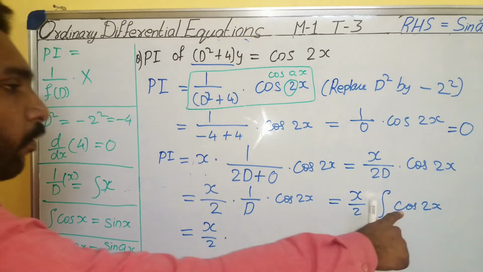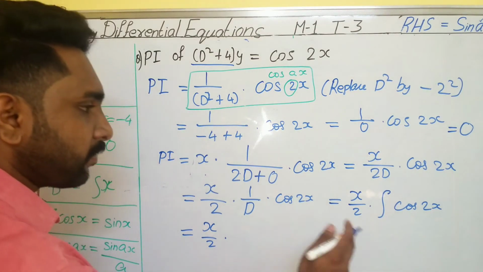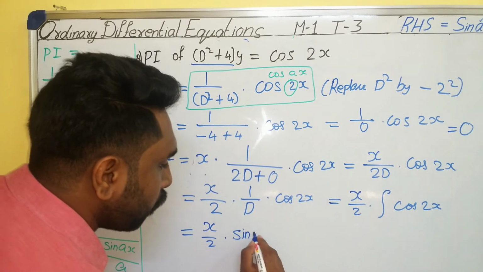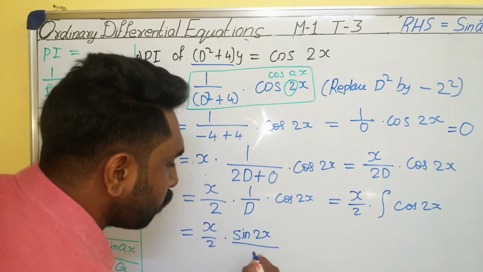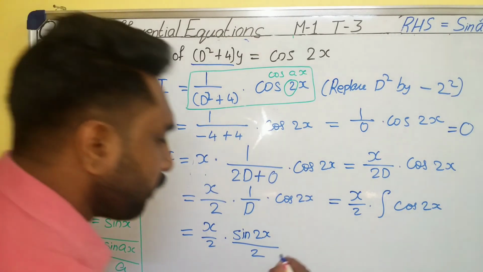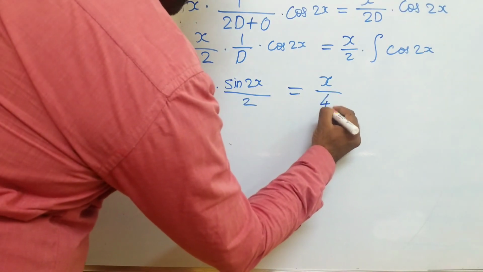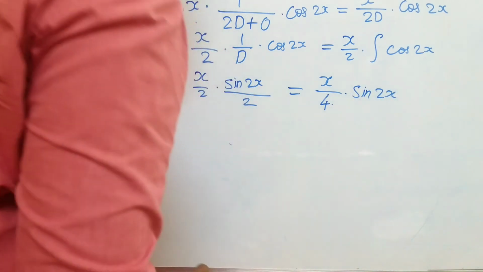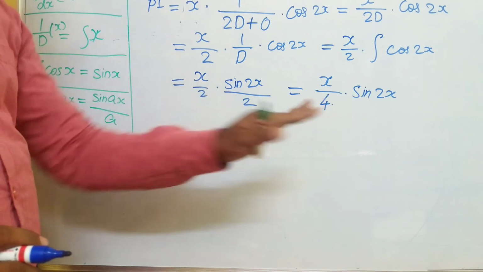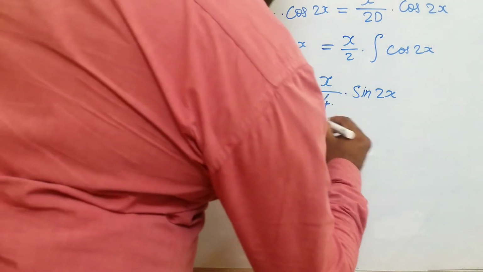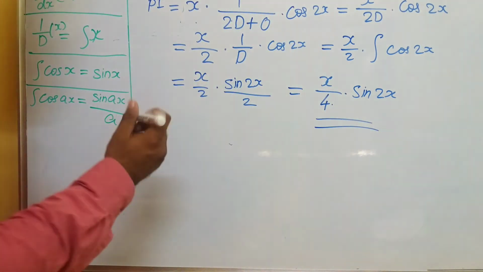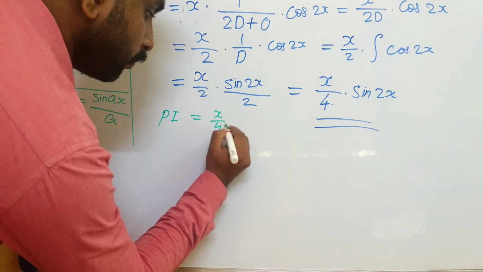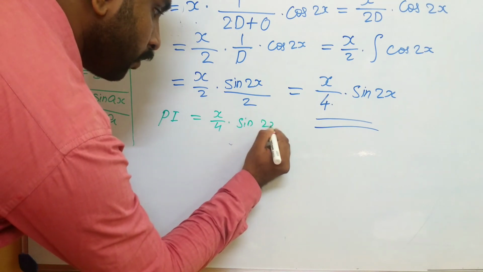Applying this, x by 2 into integration of cos 2x means sin 2x by 2. That is equal to x by 4 into sin 2x. This is the particular integral for this problem, so PI is equal to x by 4 into sin 2x.